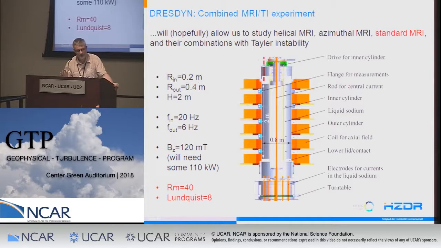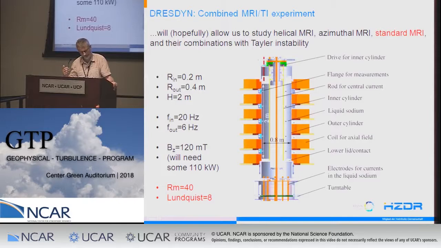What are the plans now for Dresden? We will build a large machine of the size of the Riga dynamo approximately, where we would like to combine all our activities on MRI and Tayler instability. And of course, the holy grail of all this will be to go into the direction of studying also standard MRI. But for getting standard MRI, you have to have a large Reynolds number in the order of some millions.